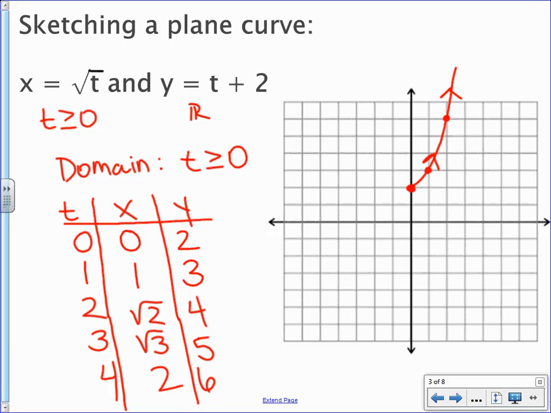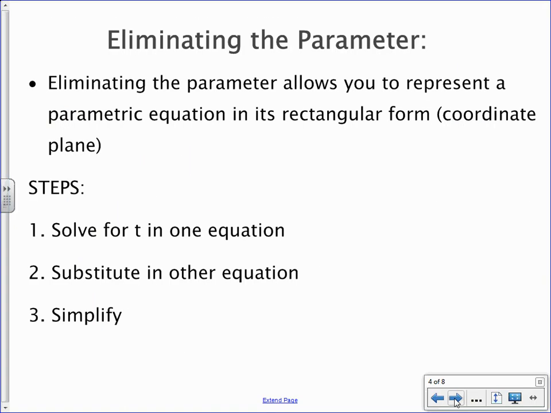Our parameter is t. Okay. So if we want to take a set of parametric equations and compare it to a rectangular equation, we can what we call eliminate the parameter. Okay. So essentially we're taking a set of parametric equations and writing it as one equation without the t. Okay, we're going to look at a rectangular equation.